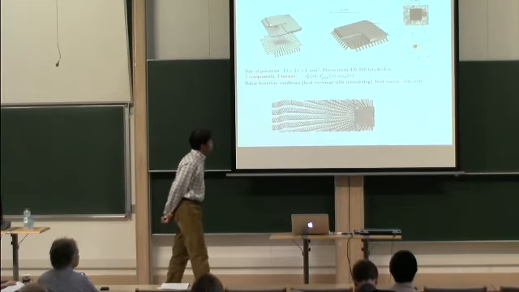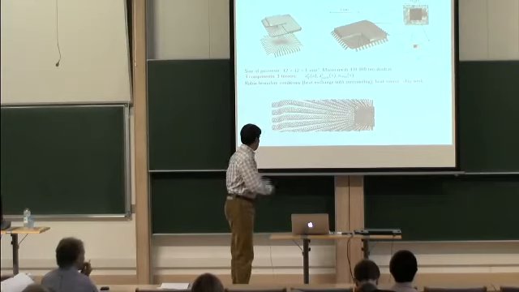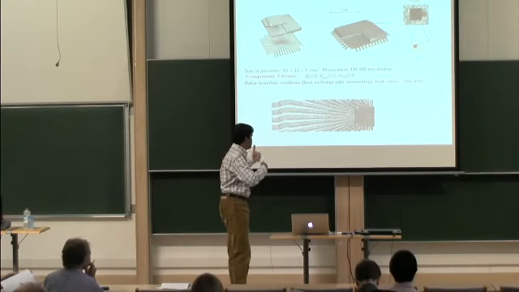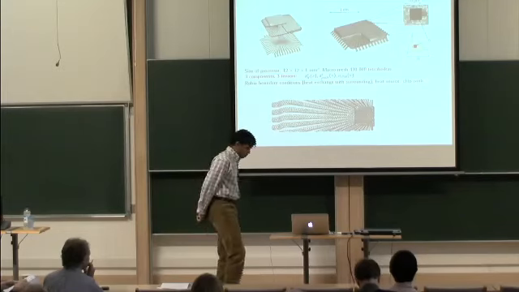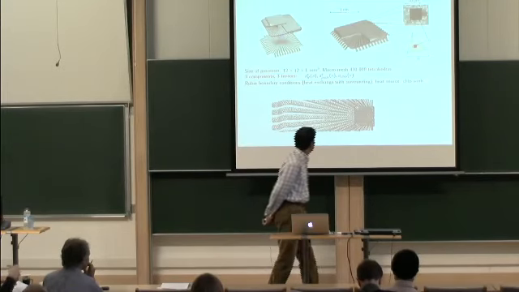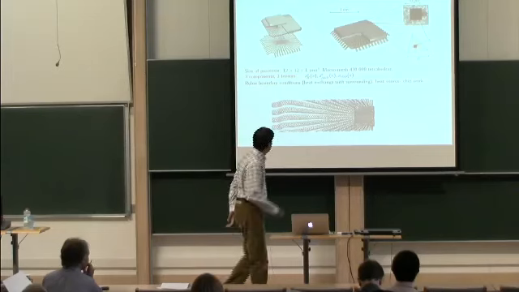Okay, so if the microstructure changes smoothly with the x variable, we have to test it at several points. We have to test it maybe in each macroscopic tetrahedron. Okay. So here in this example, we have three components.